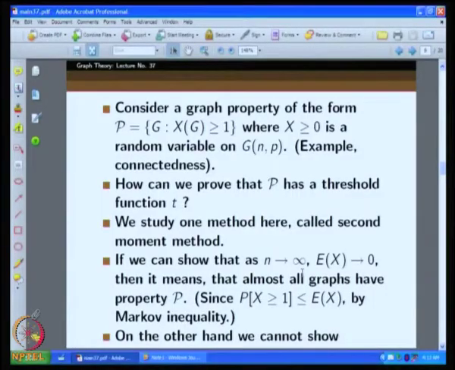If n becomes large and the expectation tends to 0, then it definitely means that almost no graphs have the property P, if the property P is captured when the random variable chi of G has value greater than or equal to 1.